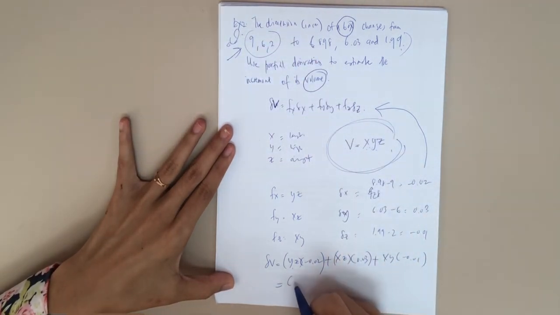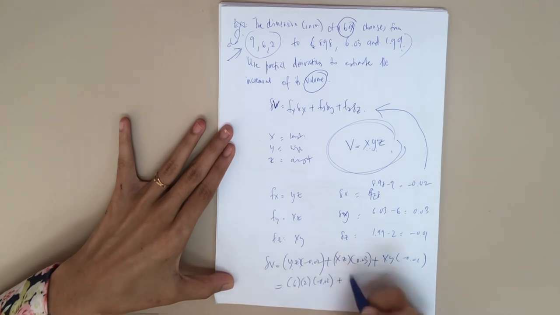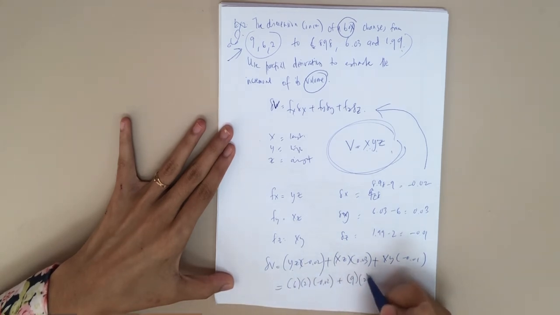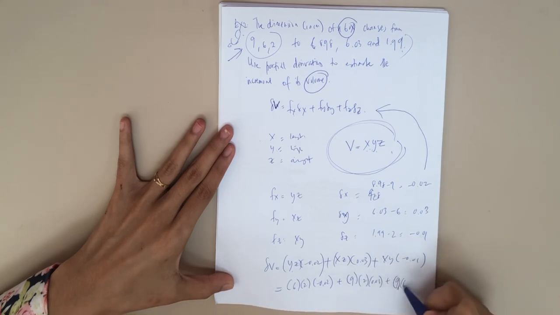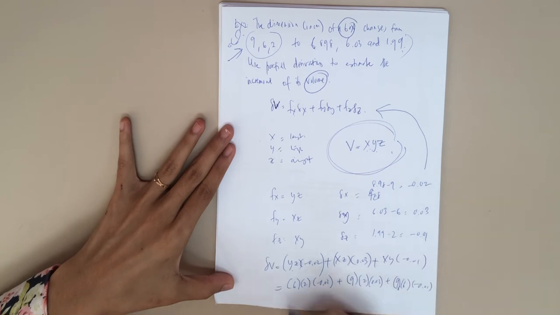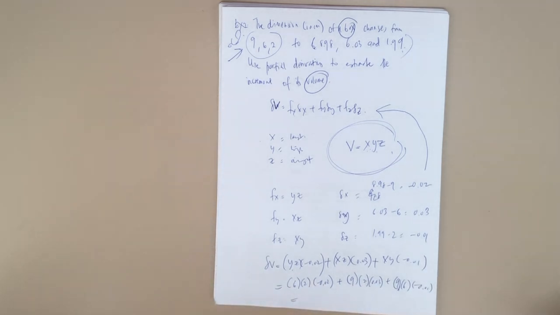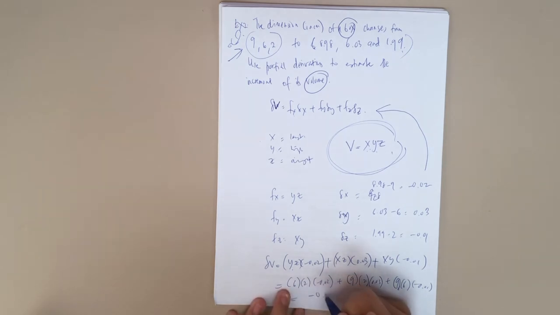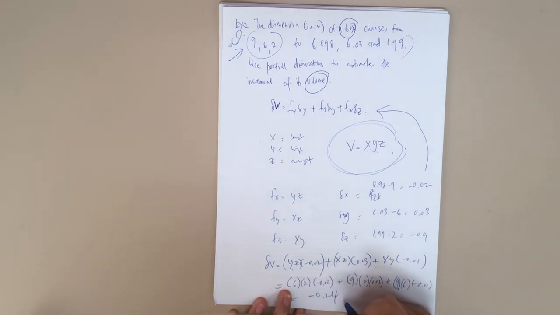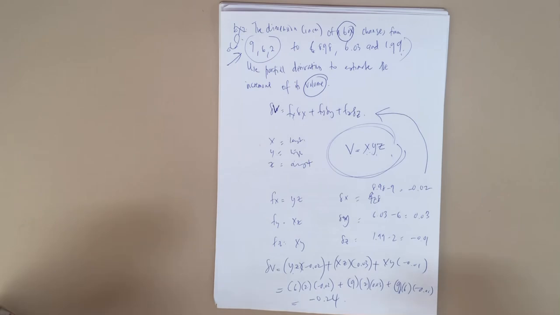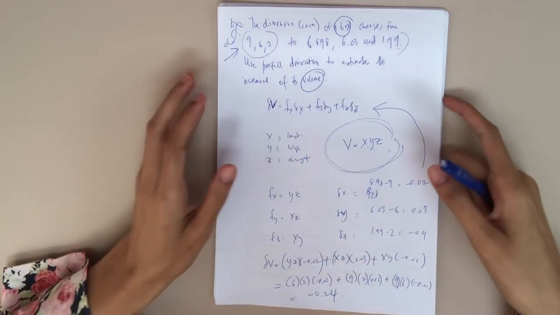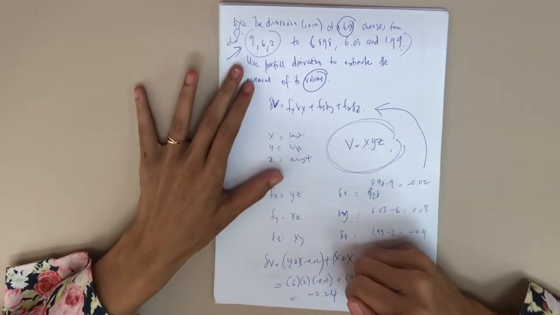So 6 times 2 times negative 0.02, plus 9 times 2 times 0.03, plus 9 times 6 times negative 0.01. Calculate it, and you should get negative 0.024. Okay, so this is the answer.